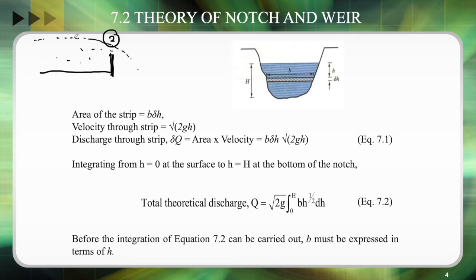At this point we will apply Bernoulli's equation. We know that at the free stream the velocity will remain at 0 meters per second, and the free surface will remain at that level. So we will apply Bernoulli's equation from this point to point number 2, where point number 2 is located at the notch.